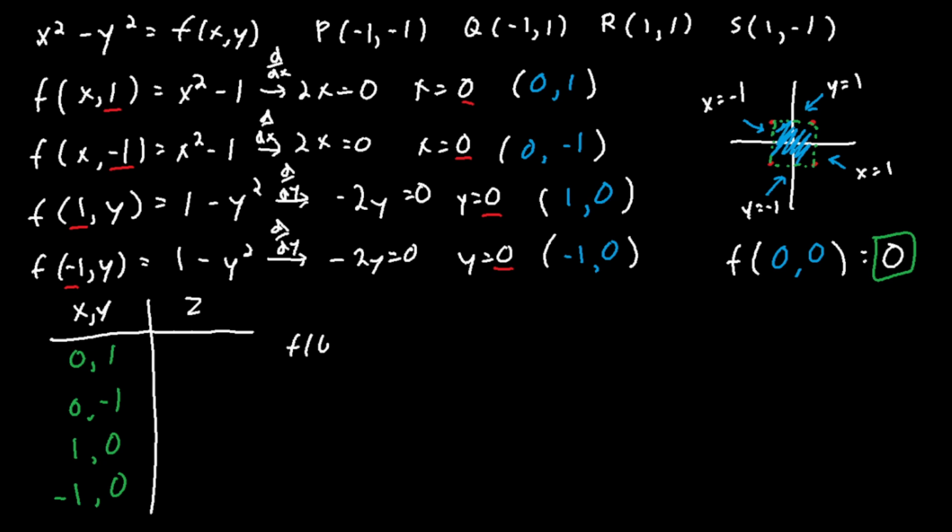So we plug in values of 0, 1 into this. We get 0 squared minus 1 squared, which is just equal to negative 1. We got negative 1 for our z value. How about if we plug in 0, negative 1 into our function? We still get negative 1.